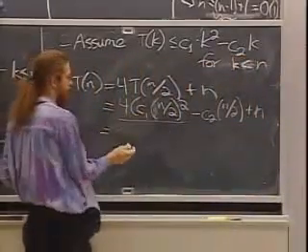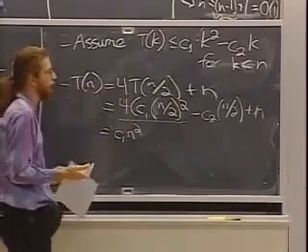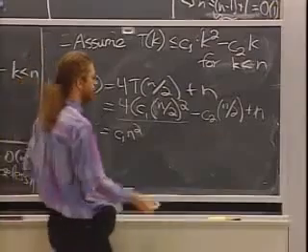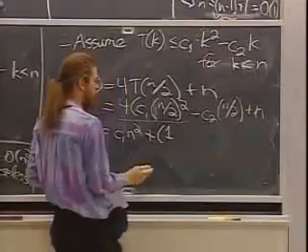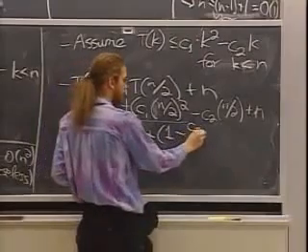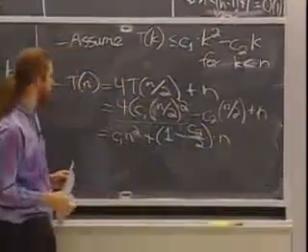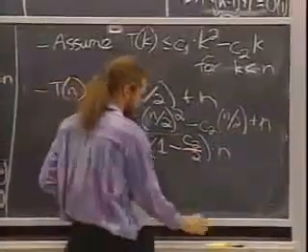The 4's cancel again. So we get c1 times n squared, which is good. I mean, that's sort of the form we want. Then we have something times n. So let's figure it out. We have a plus 1 times n. So let's write it 1 times n minus c2 over 2 times n. Oh, no, got that wrong. So there's a 4 times a 2. So in fact, the 2 is upstairs.